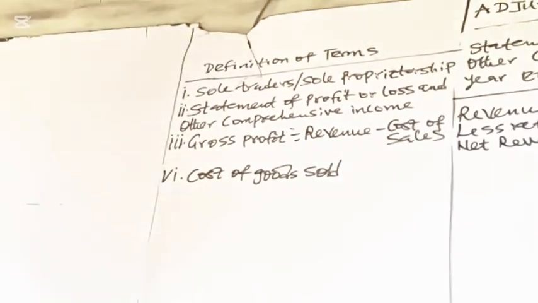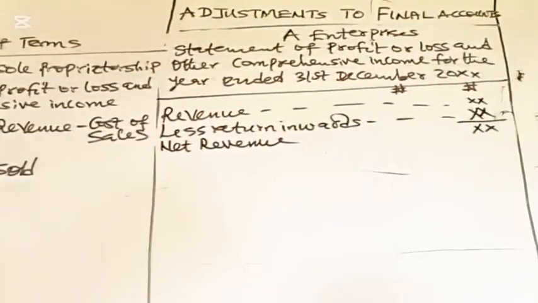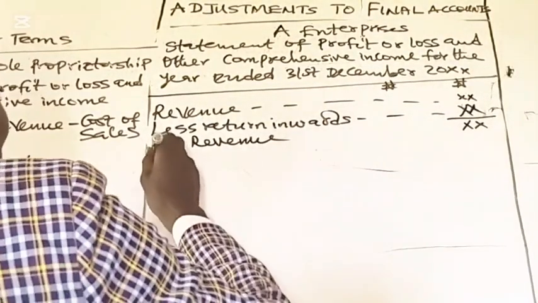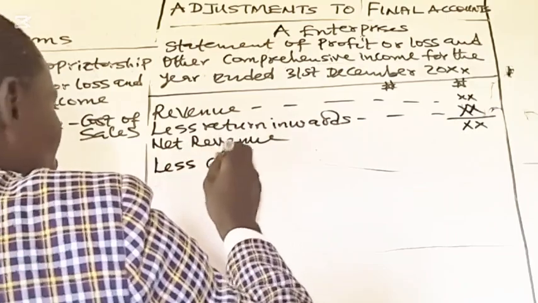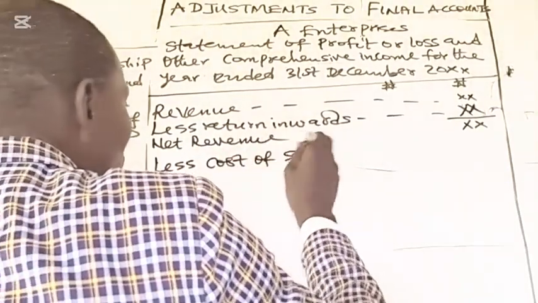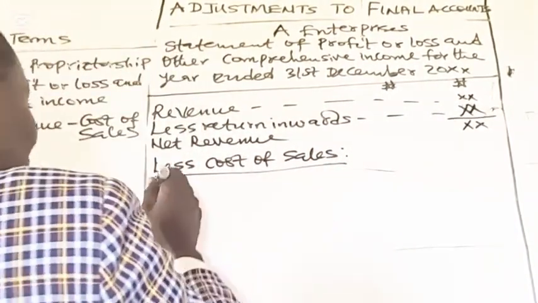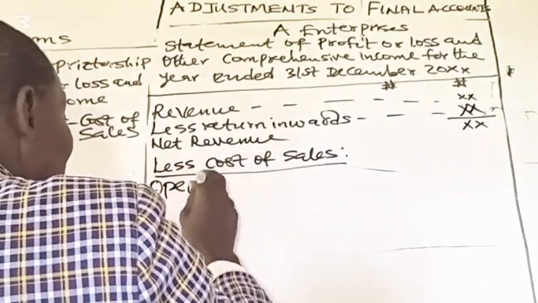So to ascertain the cost of sales, you start with the opening inventories. I've told you, you less your cost of sales or cost of goods sold. And your cost of goods sold, to ascertain this, you start with the opening inventories.